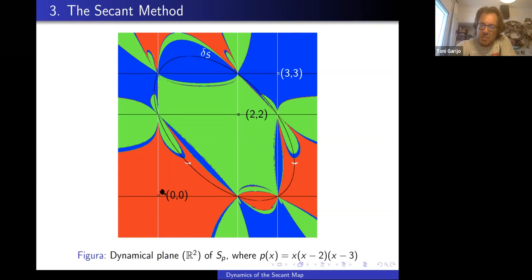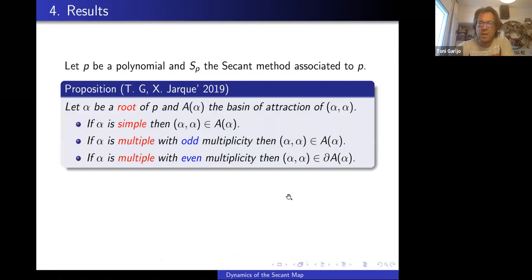Look that between these two roots, we have a local extrema, and between these two, we have another one. Here, we have one of these critical points, and here also.